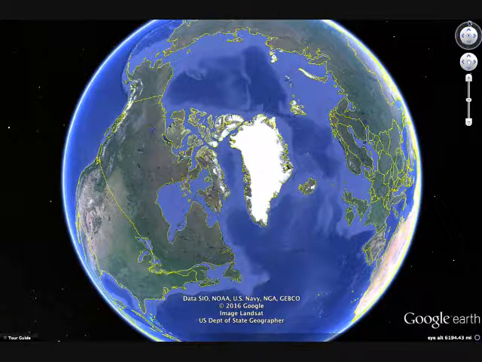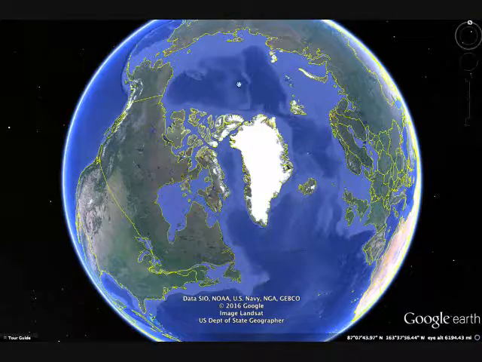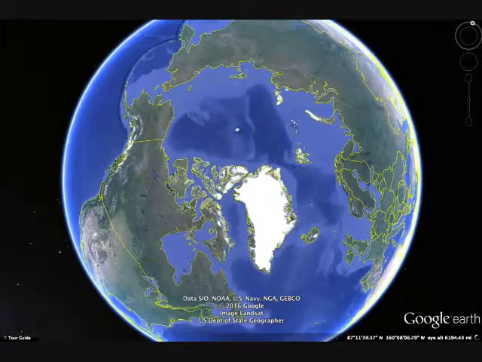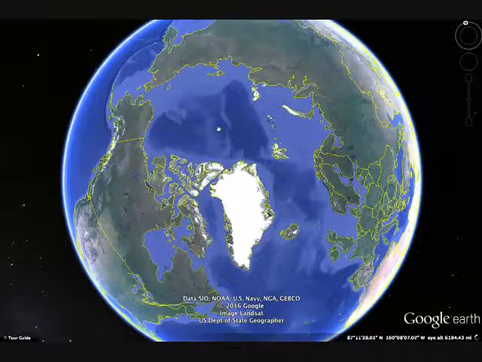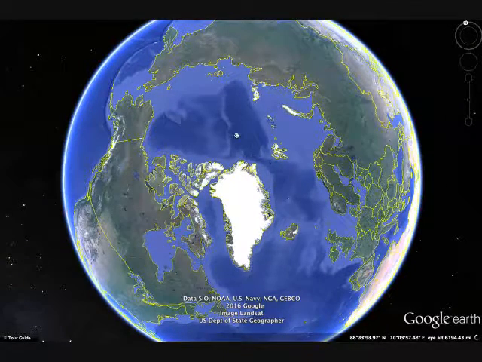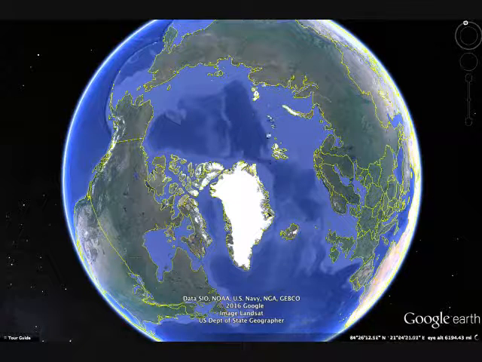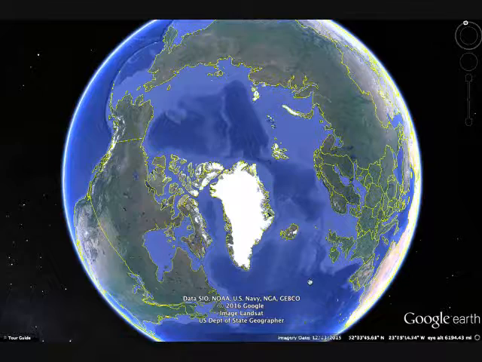Our North Pole should be somewhere around here. This is the most northern part of Earth, but I honestly do not see any ice there. And so I thought, okay, maybe there isn't ice there. Maybe what we consider the North Pole is just this part over here, which is Greenland.